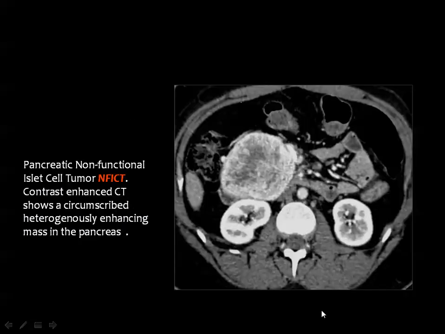And this is also a non-functioning islet cell tumor of the pancreas. It exactly simulates pancreatic adenocarcinoma, and you cannot differentiate between both unless you have the clinical data. But in cases of non-functioning tumors, the only way is to have a biopsy from this lesion to confirm the diagnosis.